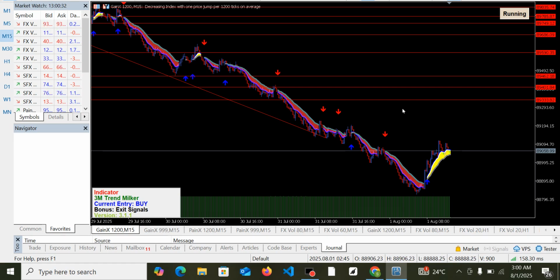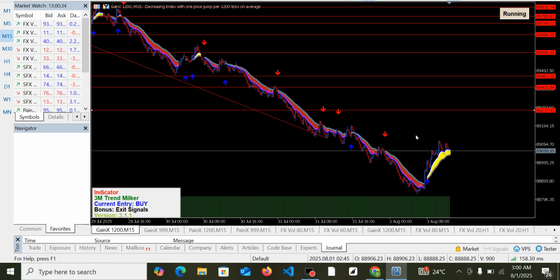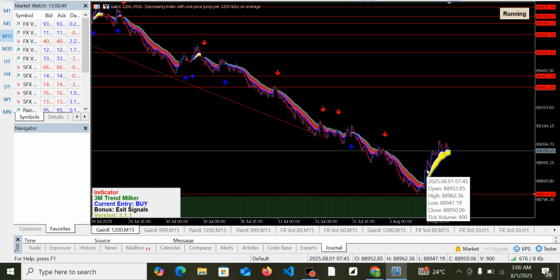But this actually got to the support zone at this point, and it has not been able to break out from there. And if it's unable to break out from here, then we are most likely to have more buying opportunity right from there. As you can see, it has given us an uptrend signal already, and of course here is a buy signal. And for those of you who have seen this signal in the morning, I believe you should have milked the market to this very end.